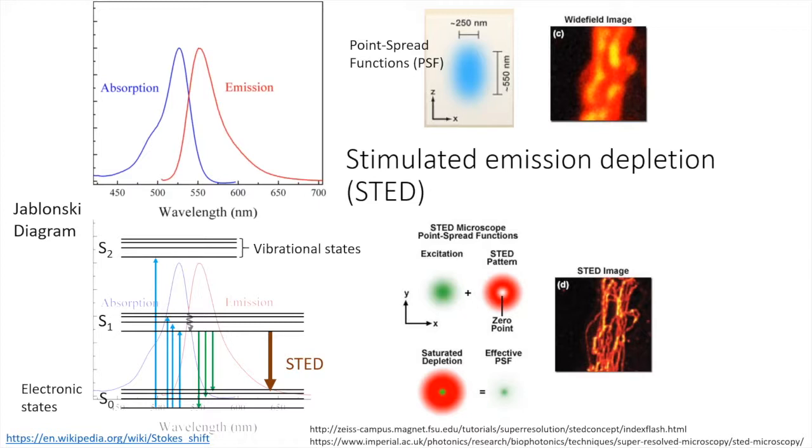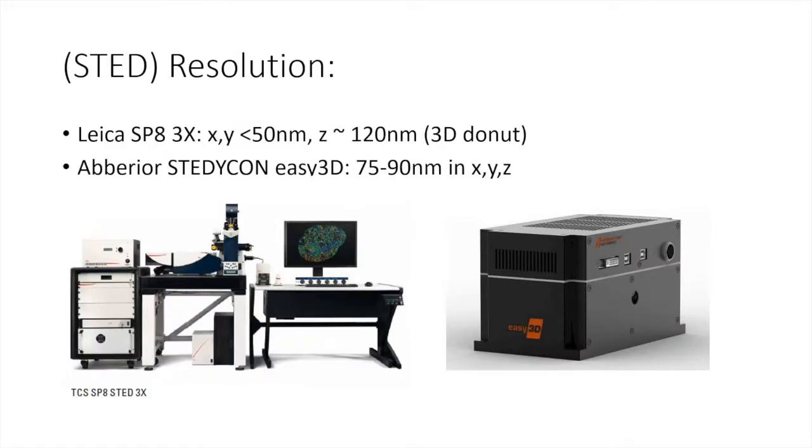So by looking at this, currently the market has some STED microscopes available. First one, Leica, they have a resolution XY of less than 50 nanometer, Z is 120, and Abberior Stedycon, they have 75 to 90 nanometer for XYZ.